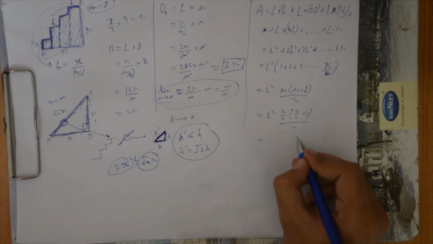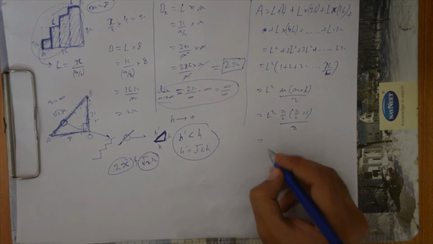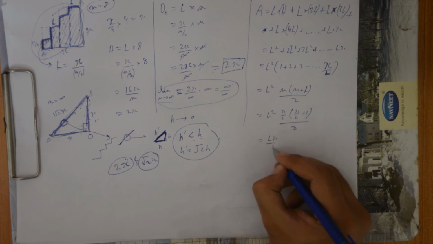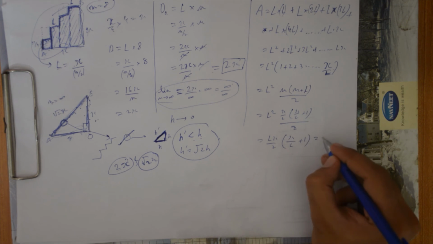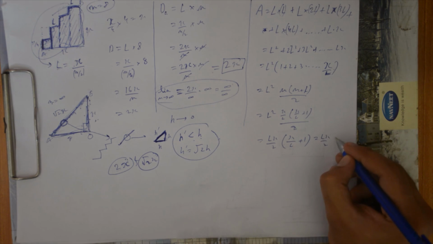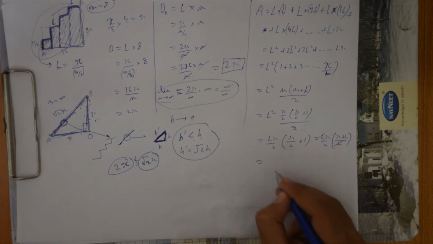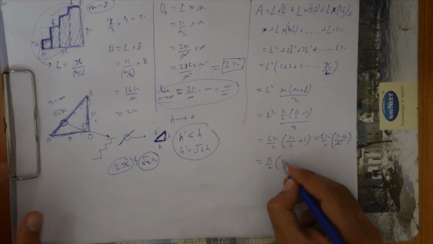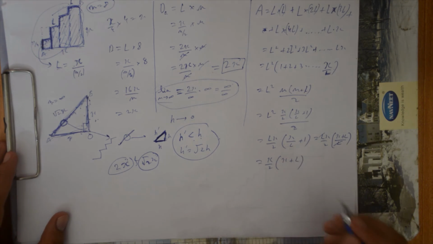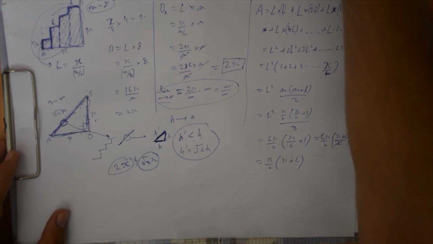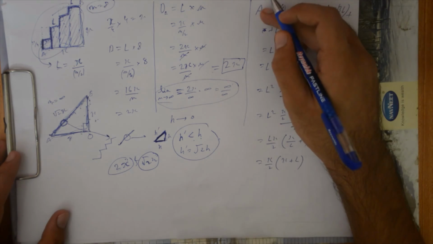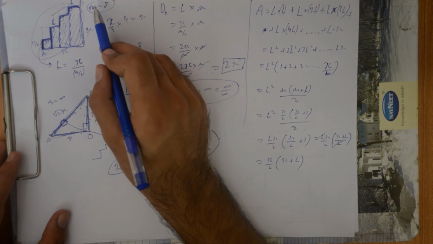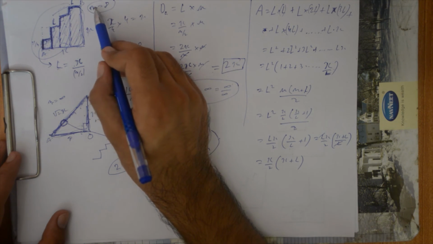If you simplify this equation, it would turn out to be L square into x by 2L into x plus L over L. This L would be cancelled out, and it would turn out to be x by 2 into x plus L. This would be the final equation of the area of this figure for any given n.